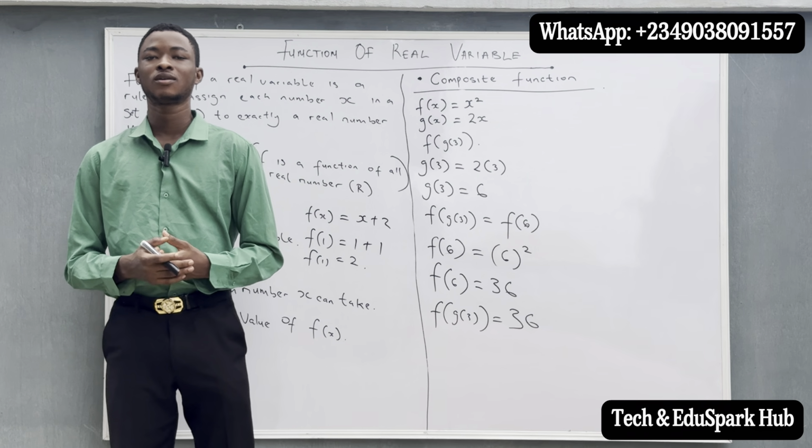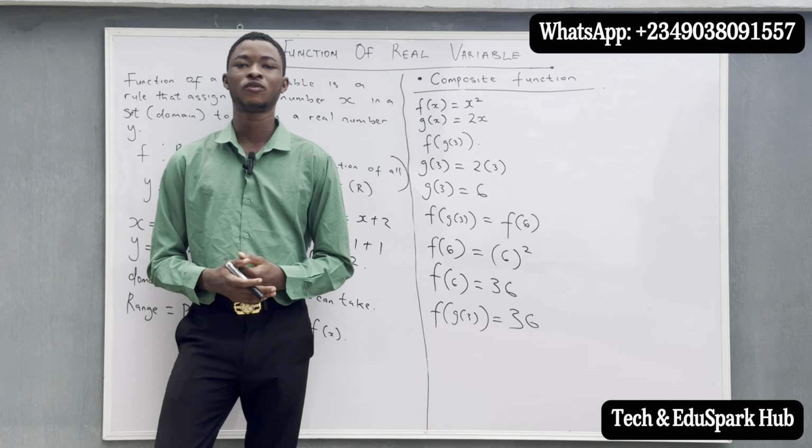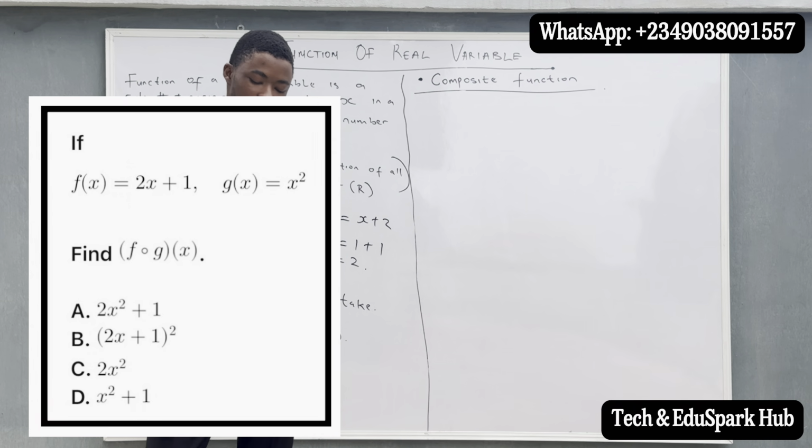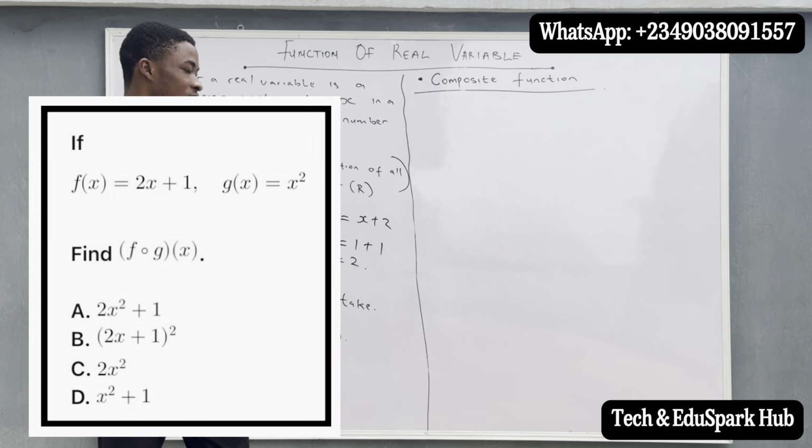So let's look at another question still on the composite function. So moving to the third question, as displayed on the screen, the question says if f of x is equal to 2x plus 1 and g of x is equal to x squared, find f of g of x. So in order to solve this kind of question, let me just put that down.